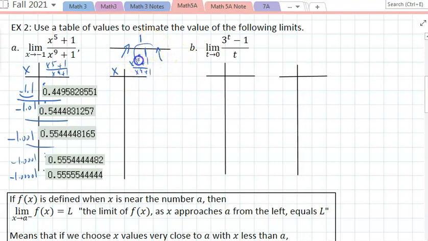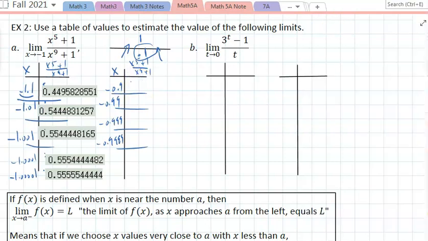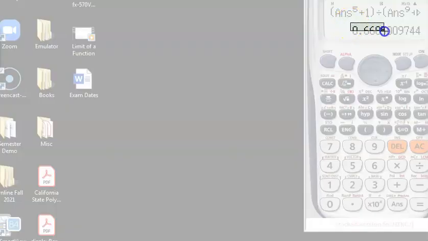So now going from the right of -1, well, I'm going to go with -0.9. Now, what's the hope? The hope is that it gets the same value. That's a very good start because that number is close to 0.5.